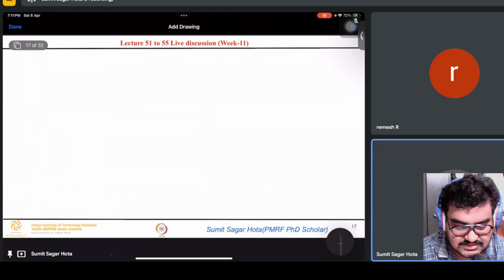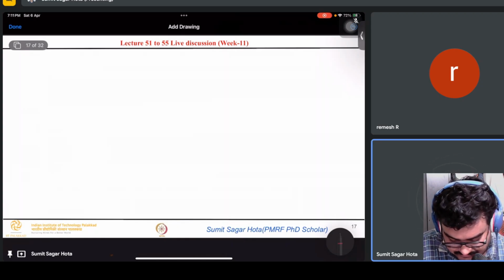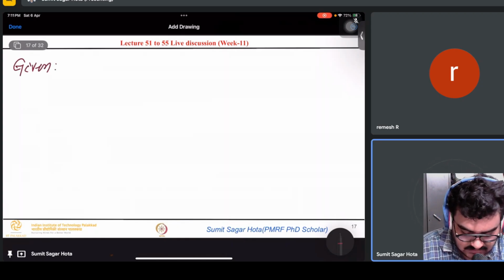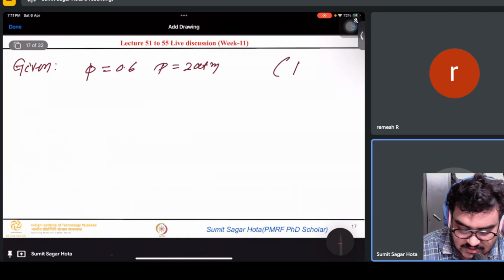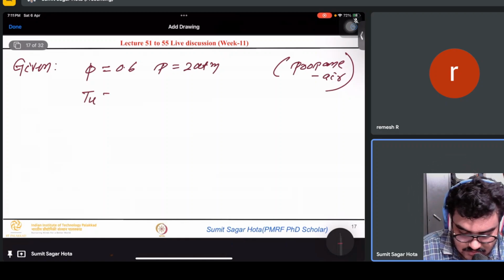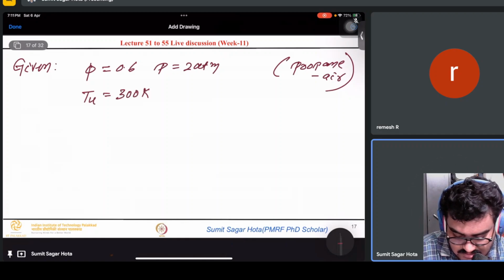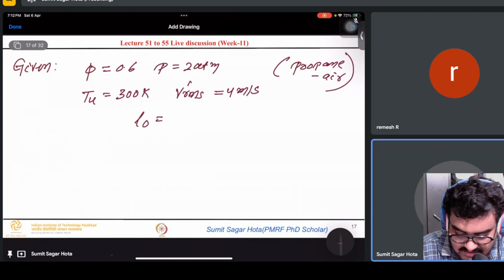This is also a similar question, very simple. We should know at least what the correct procedure for this is. First, what are the things given? Pressure 2 atmospheric, propane air, temperature 350 Kelvin, VRMS prime 4 meter per second, L naught 5 mm.